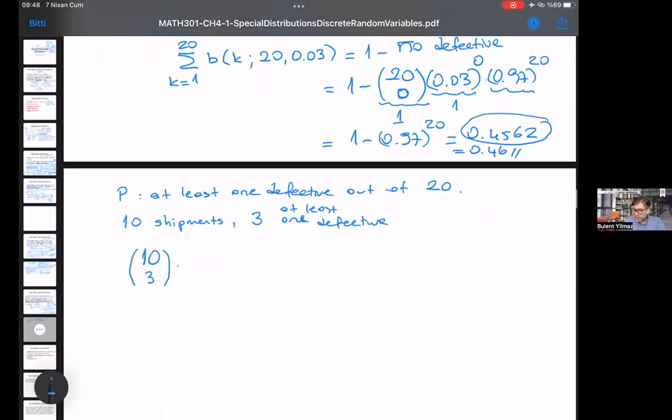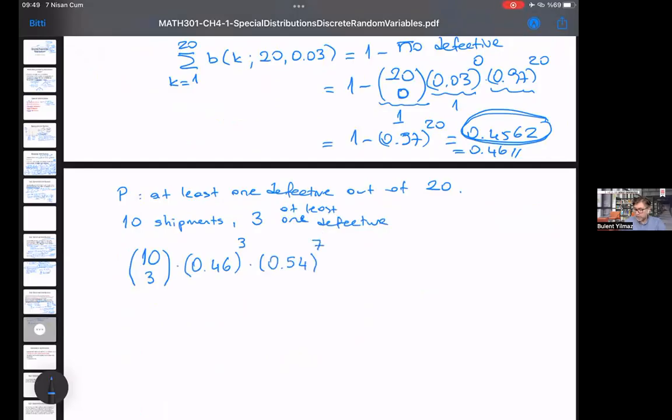Then if we found from the previous part 0.46 being the probability of obtaining at least one defective, right? Very nice. Yes, hocam. So it will be 0.46 to the power 3 times 0.54 to the power 7.